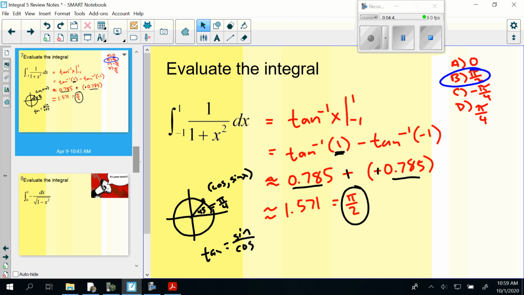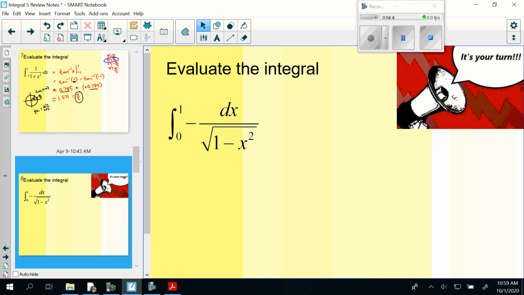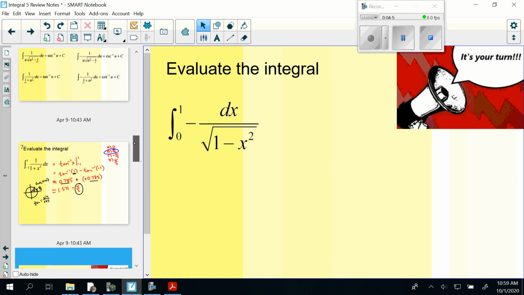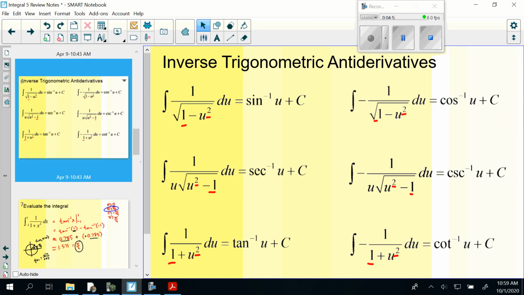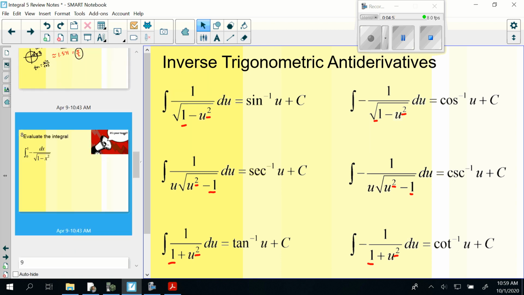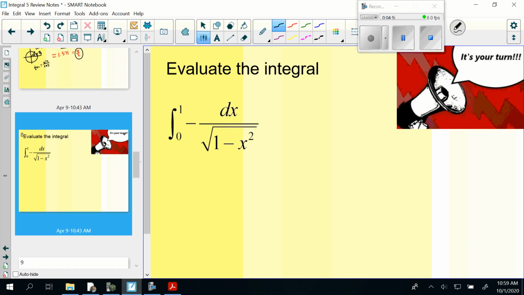All right, let's have you try this one. Pause it and see what you get on this. All right, when you were doing this one, you should have noticed this is the same as our inverse cosine one. So the antiderivative here is inverse cosine.